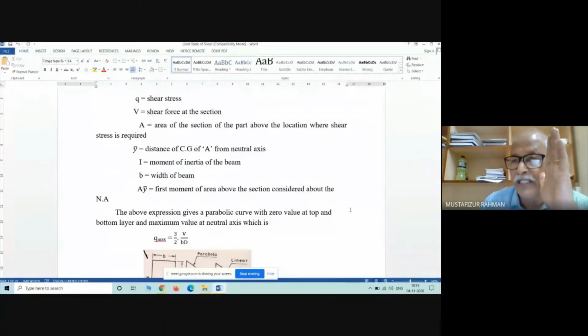This average stress will act throughout the area, and it will act uniformly at any depth. So that assumption is made, and here I have also written it.